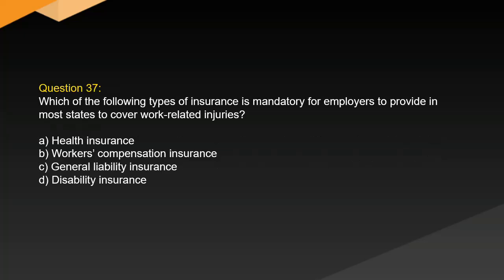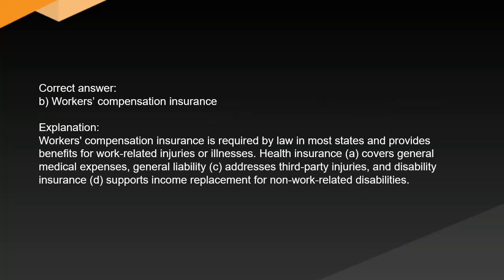Question 37. Which of the following types of insurance is mandatory for employers to provide in most states to cover work-related injuries? A. Health insurance. B. Workers' compensation insurance. C. General liability insurance. D. Disability insurance. Correct answer: B, Workers' compensation insurance.